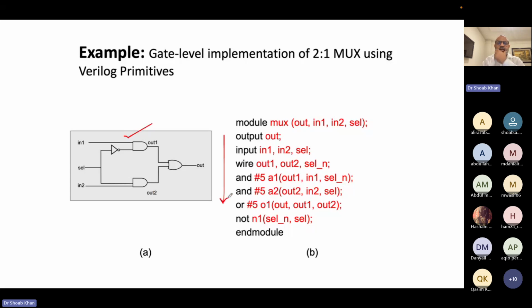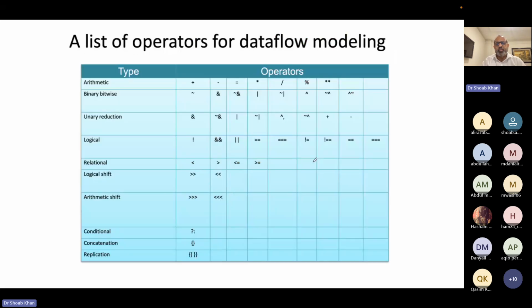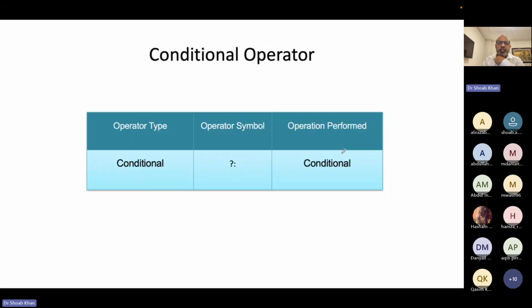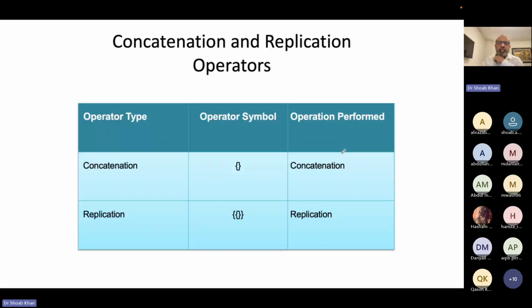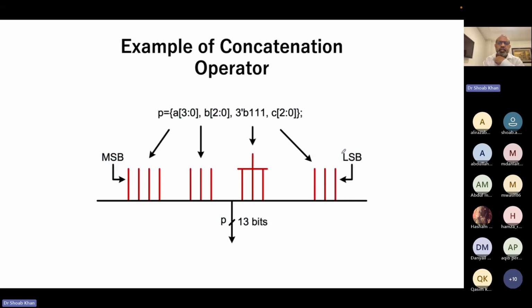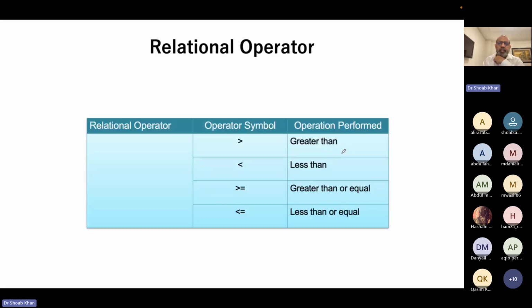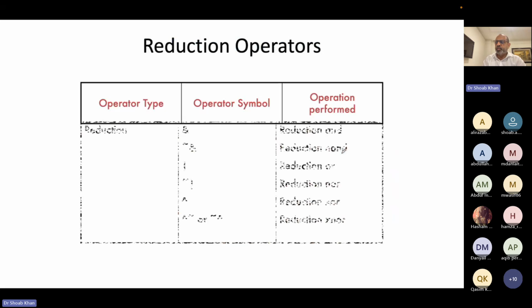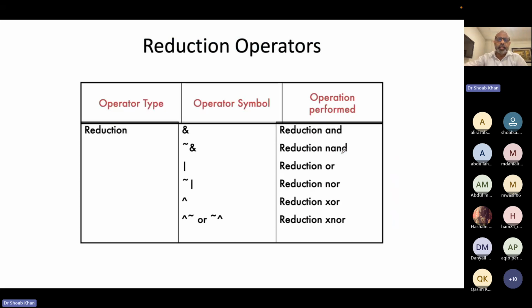Data flow is all the operators. So if you are using operators, arithmetic operators, conditional operator, concatenation, replication operators, we covered all of this, and relational operators, reduction operators, and so we have covered them.